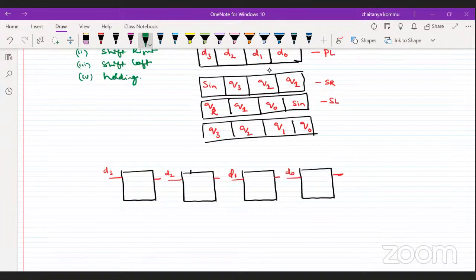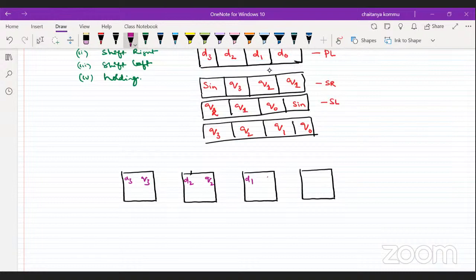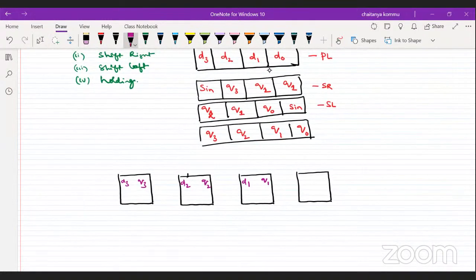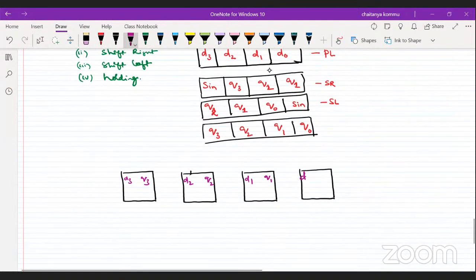I think better I write inside of this one. It is called D3, Q3, D2, Q2, D1, Q1, D0, Q0.